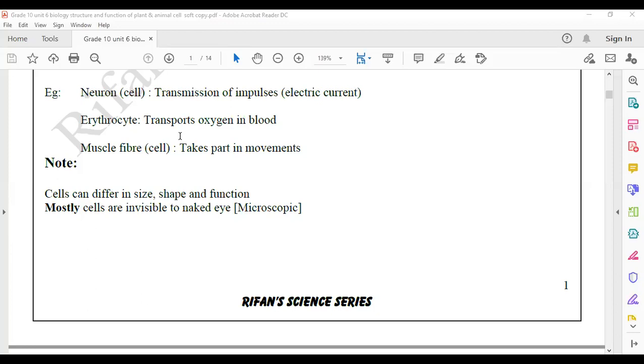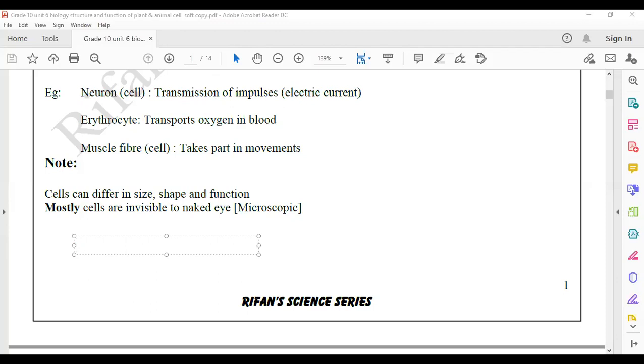We have to see that cell only in the microscope. So this wording is more appropriate: most of the cells are invisible to the naked eye. You have to see them with the microscope. So mark this point.